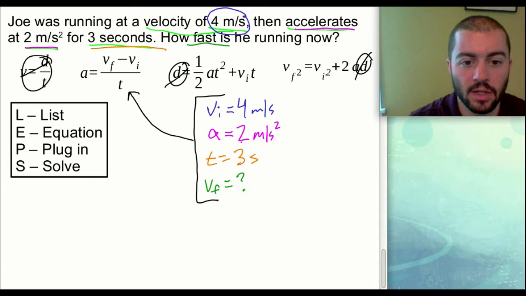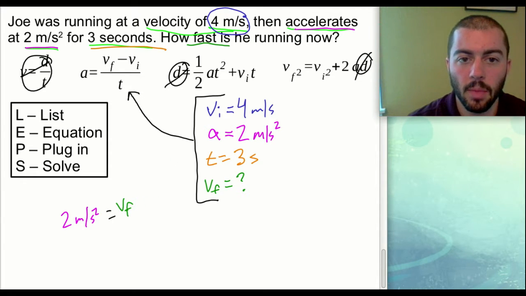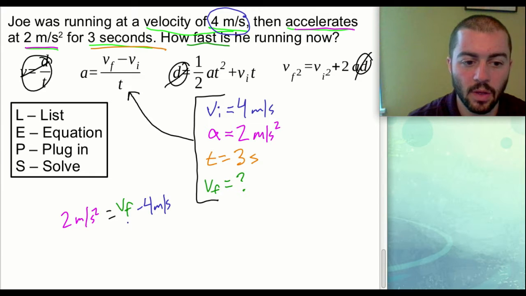So in this case, our acceleration was 2 meters per second squared. And that's going to equal our final velocity, which is what we're looking for. So we'll again leave that as an unknown, minus our initial velocity, which in this case was 4 meters per second, over our time, which in this case was 3 seconds.